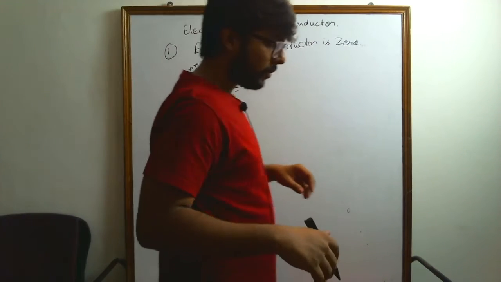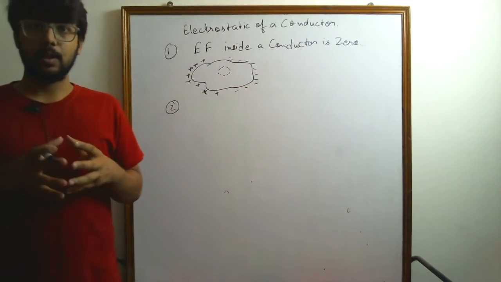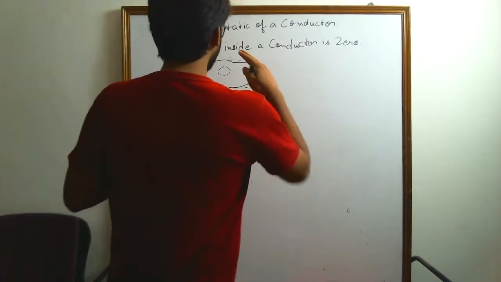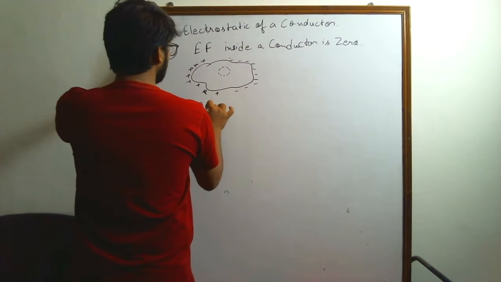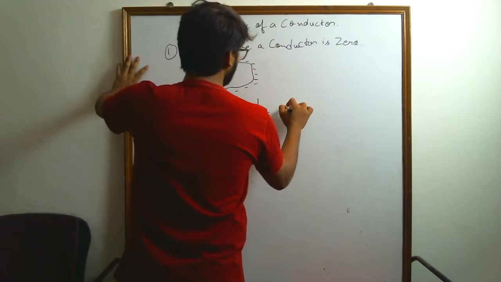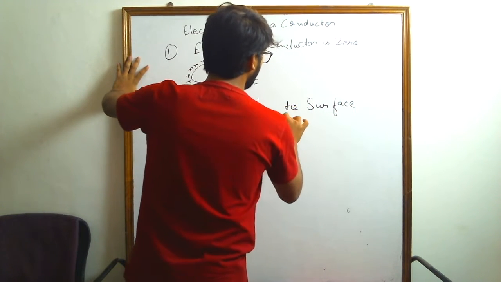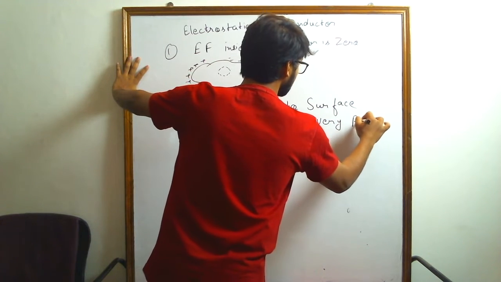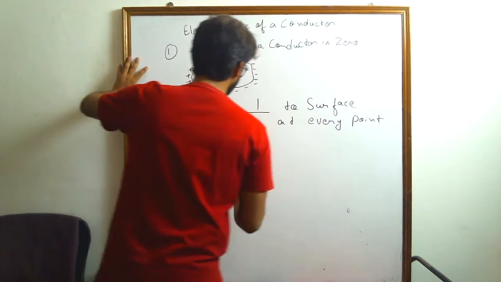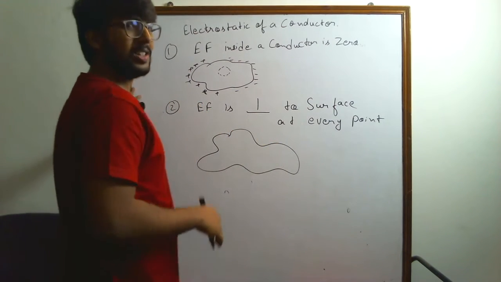Next one is, on the surface, electric field is perpendicular. Electric field is perpendicular to the surface at each point, at every point. Again, taking a very random conductor, just any shape.